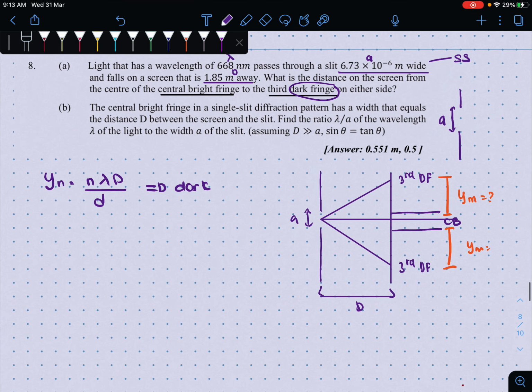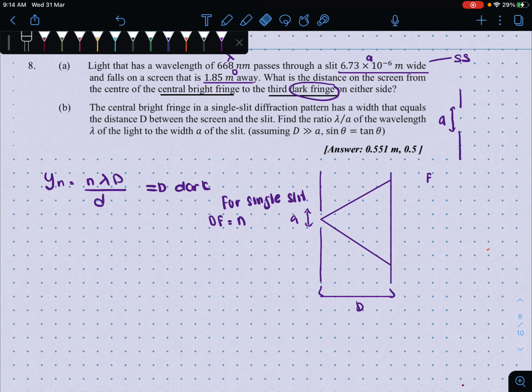Okay, and here what is the number of order dekat sini untuk third dark fringe? Untuk single slit, number of dark fringe dia sama dengan number of order dia for single slit. Okay, kenapa sama adalah disebabkan you do not have M is equals to 0 untuk dark fringe. Awak tak ada M is equals to 0 untuk dark fringe.